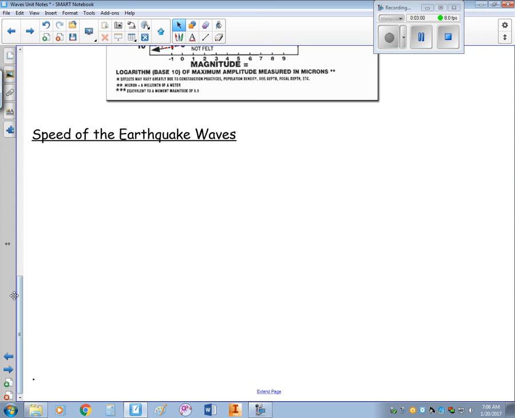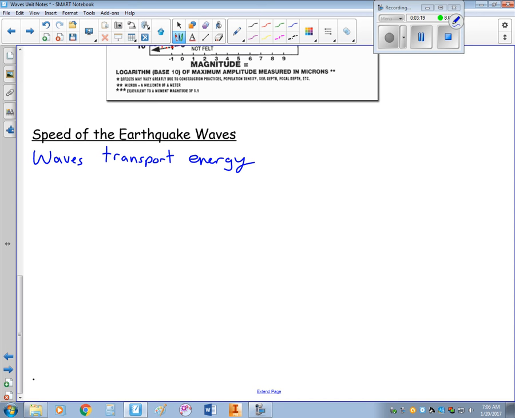Now we can determine the speed of an earthquake wave. First off, we understand that waves transport energy from one place to another. And the speed at which this energy is transferred depends on many things, including the material, the medium.